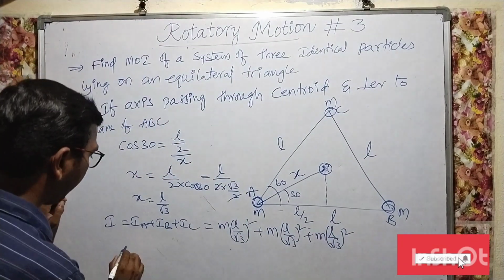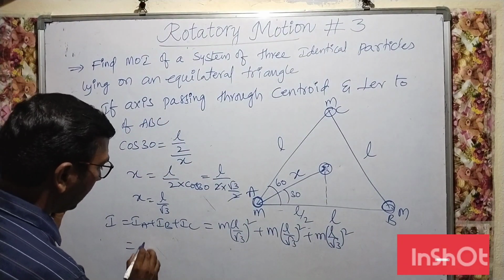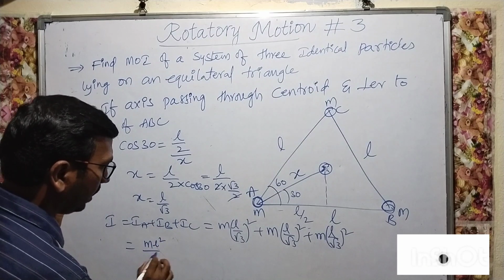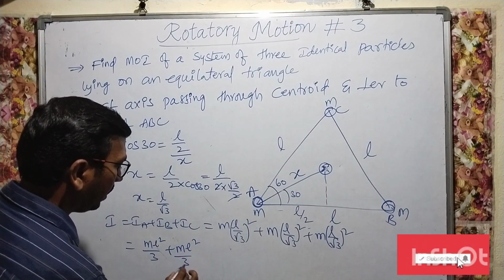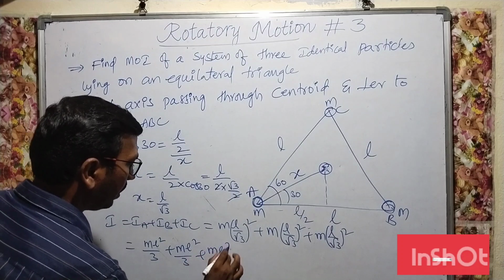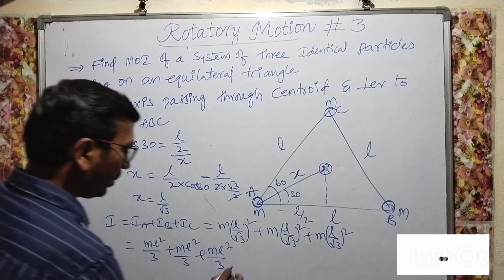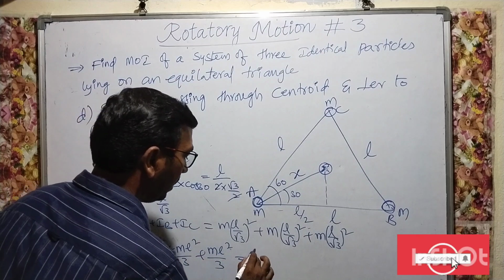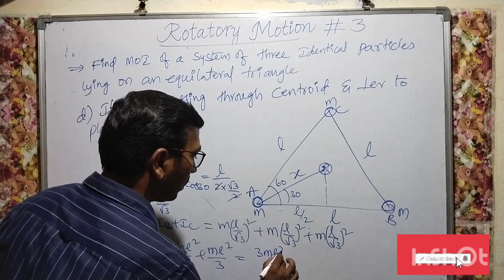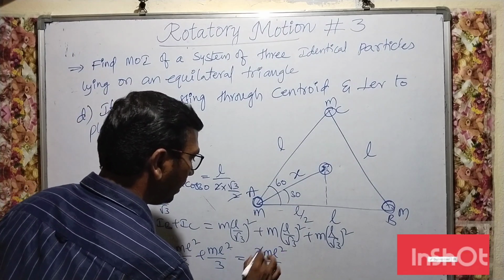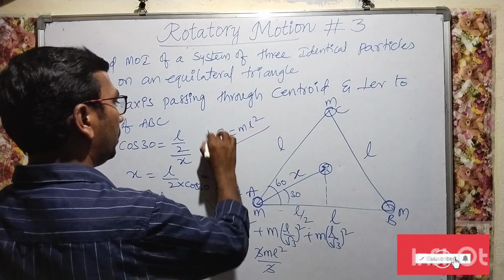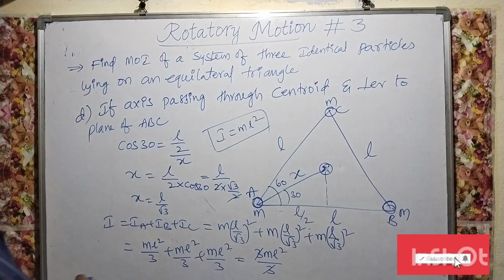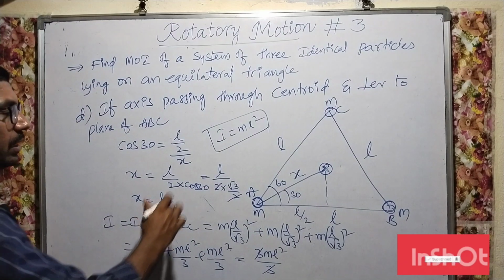So this is equal to mL square by 3 plus mL square by 3 plus mL square by 3. 3 times is there, 3mL square by 3, so I is equal to mL square. This is the total MOI.